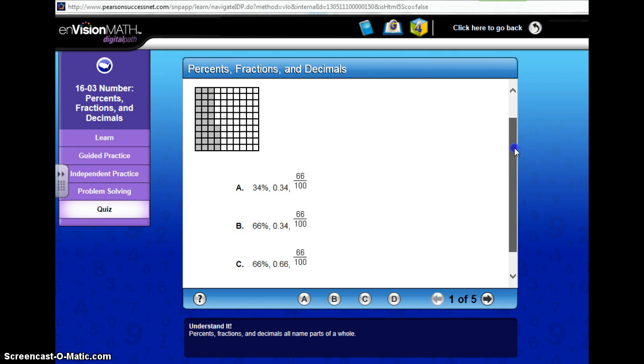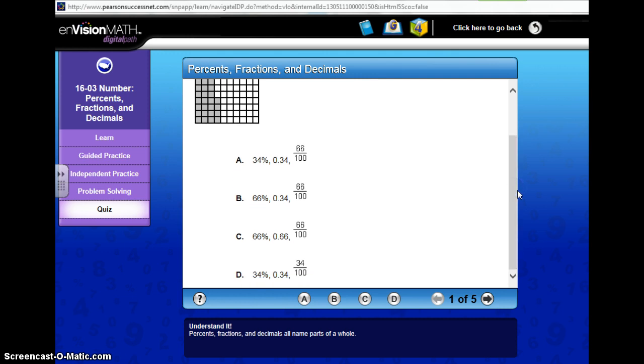Okay, here we go. Which of these gives all three: decimal, percent, and fraction? Brendan, say it again. D as in dog, he's right. 34%, 0.34, and 34 over 100.